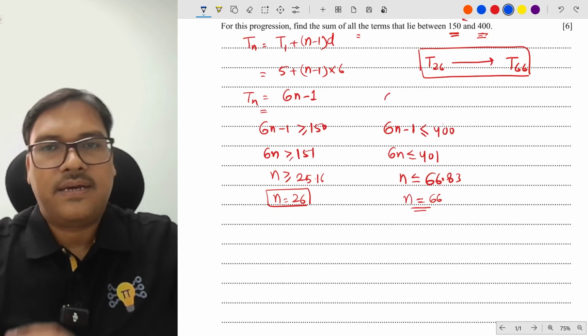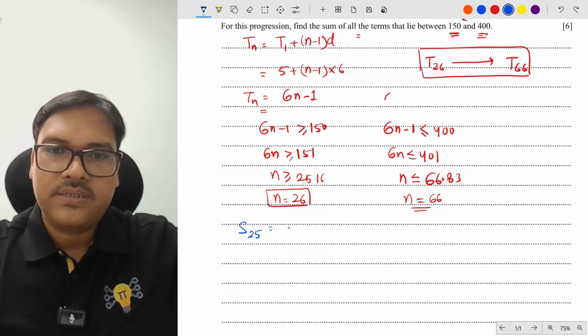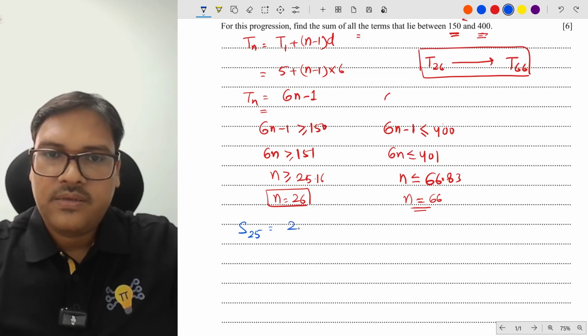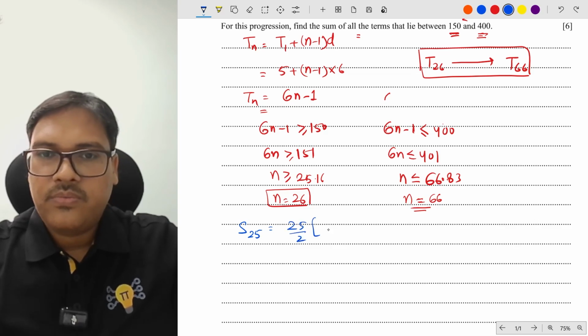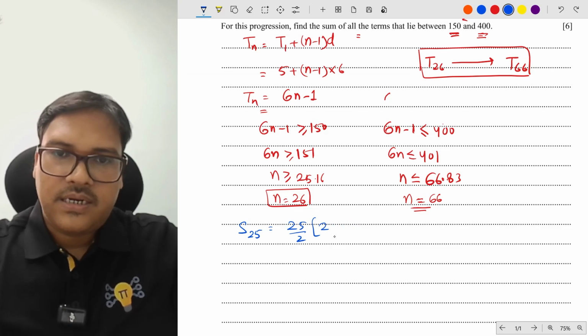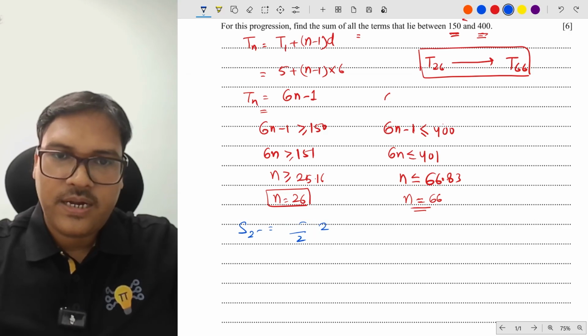What you can do is, see, for finding the sum of 25 terms, that is 25 by 2, 2a plus n minus 1. Let me explain what I'm trying to do.